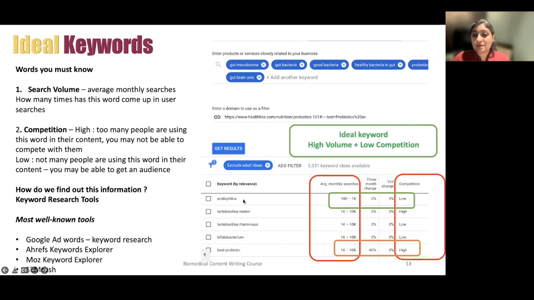But a word like acidophilus, the average monthly searches is a little bit lower than this, but the competition is relatively low. So the chances of your content being featured for this keyword is higher. So you have more chances of people reading your content if you use this particular type of keyword. So you need a combination of high volume and low competition keywords. So you would use a mix of these two in your content.